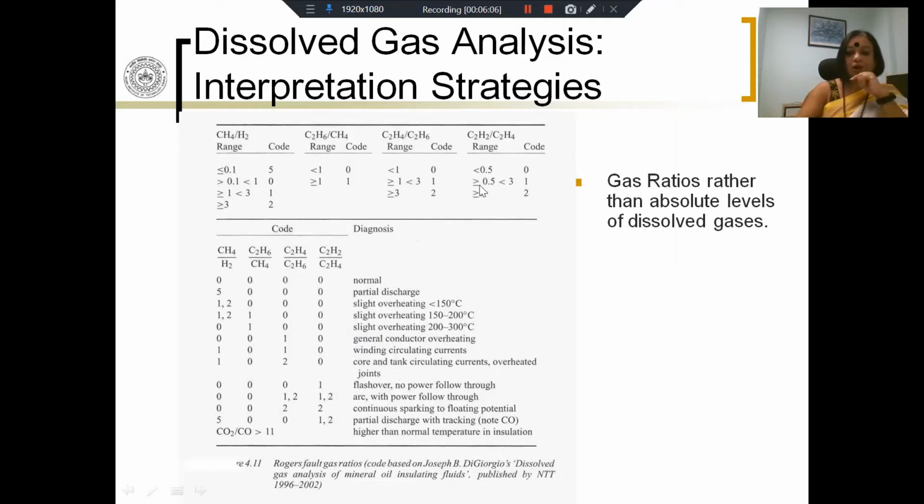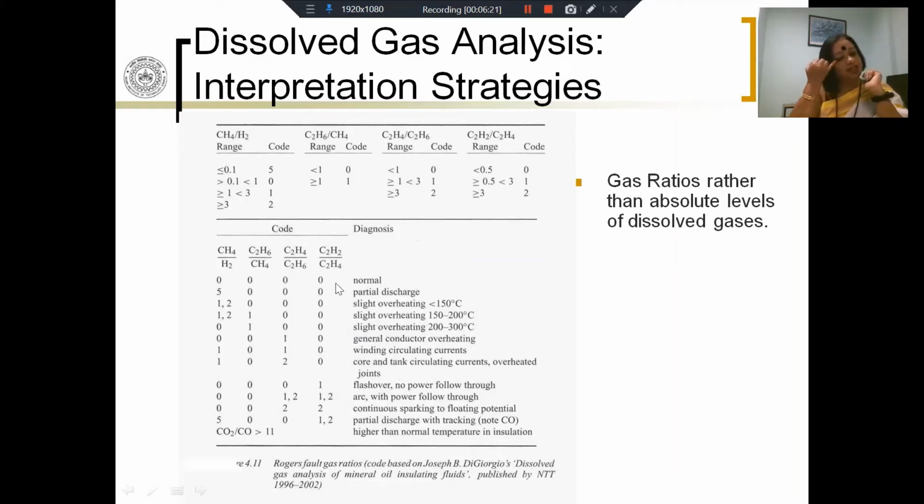When you have this combination, the code combination is 0, 0, 0, 0. This 0, 0, 0, 0 combination corresponds to a normal situation. So as long as the oil is normal, you will continue to get this code.